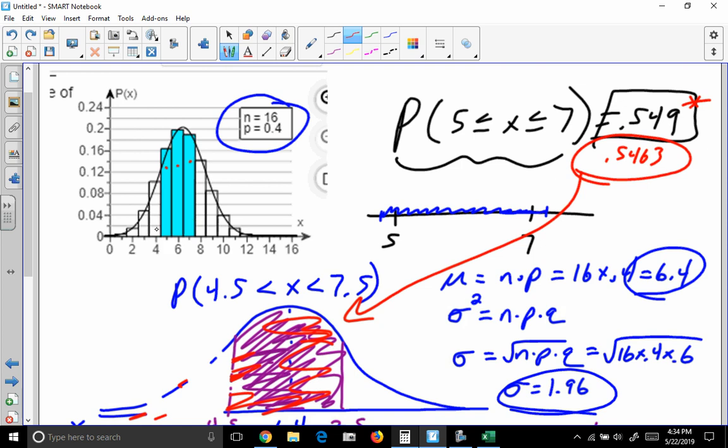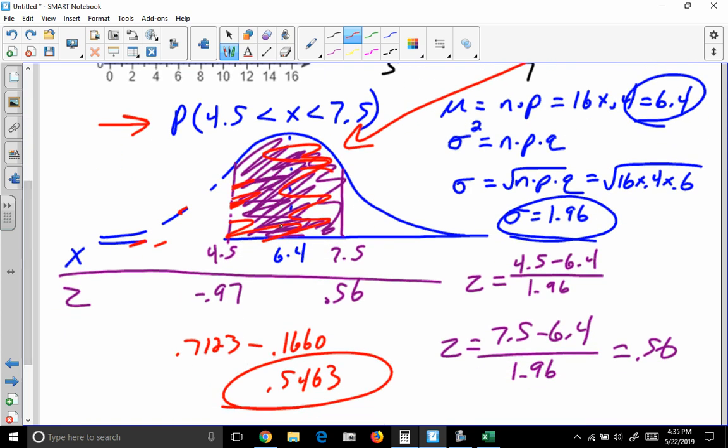We wouldn't want to have to do the binomial formula 40, 50, 90, 80 times. We could convert it into a normal probability, use what we know about normal distributions, and find the area as an approximation.